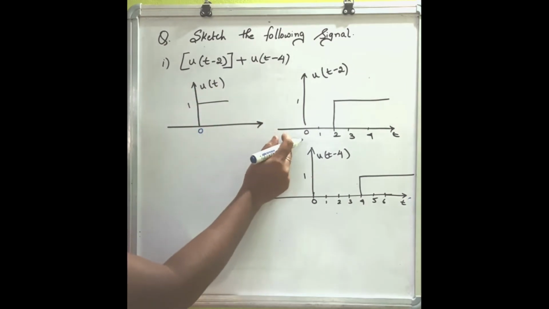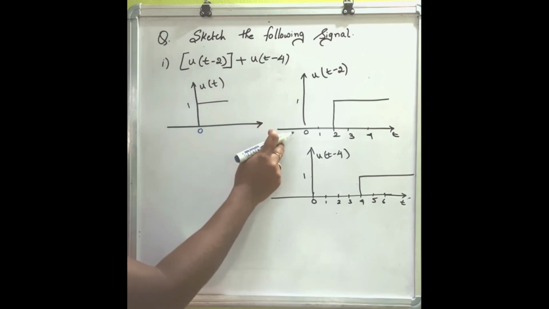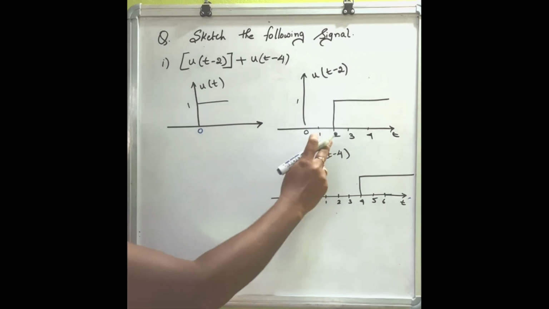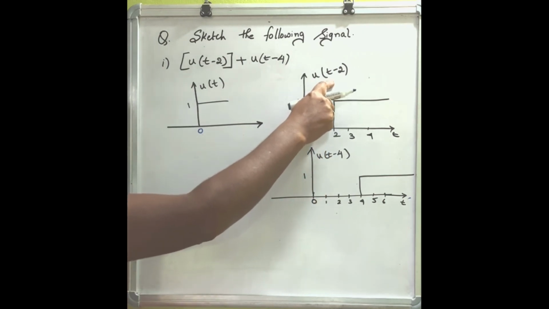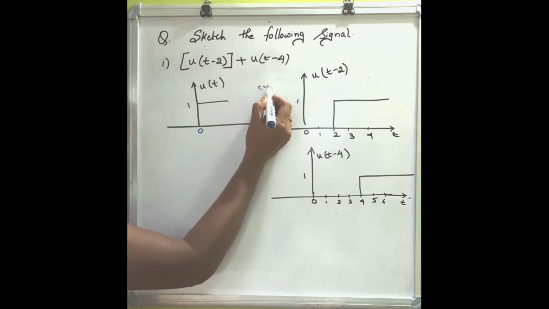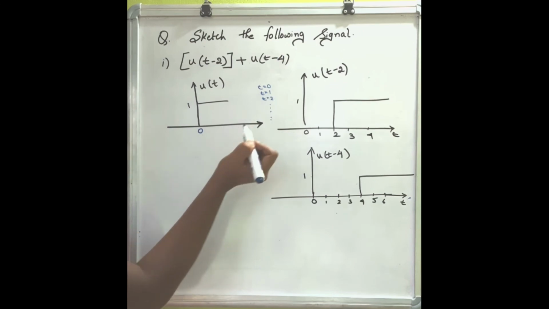Next we have to draw u of t minus 2. It is shifted twice to its right, that is, a delayed shift takes place. To draw this, mark t is equal to 0, 1, 2 and so on.